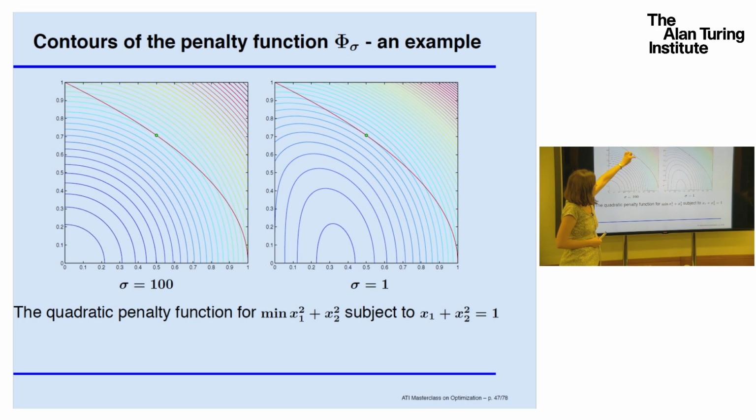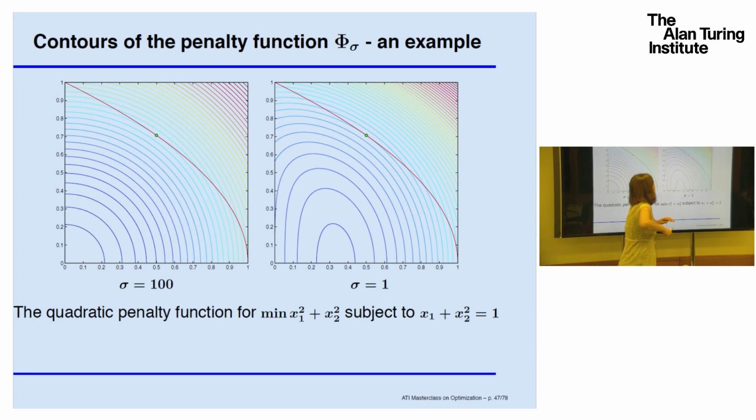This is the point where the constraint and the contours share a tangent or share the normal, which is the KKT. Okay, fine. Ignore that comment if it confuses you. So this is the minimizer of my constrained problem. This is where I'm trying to get to. This is the first minimizer of my phi.